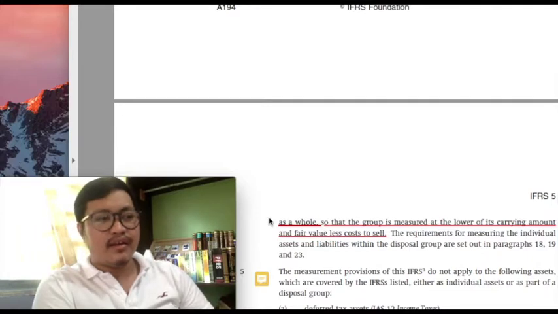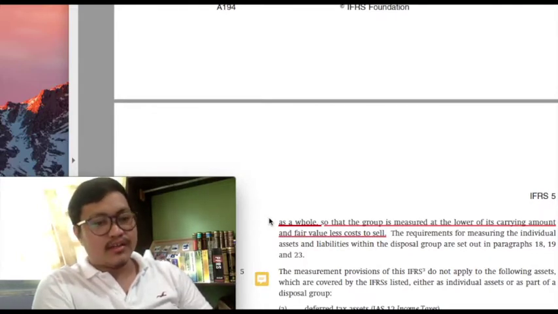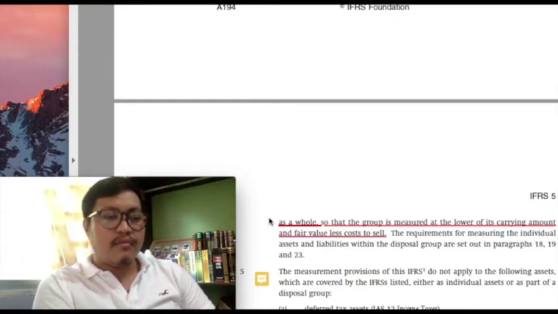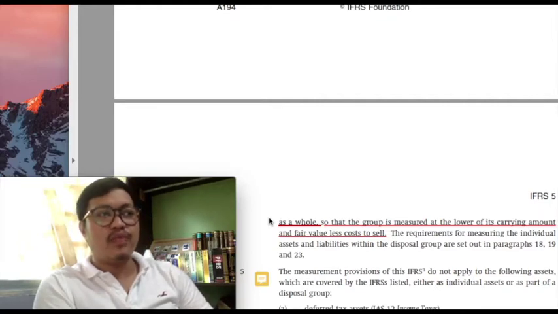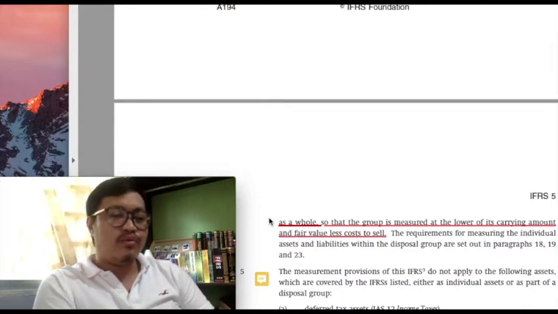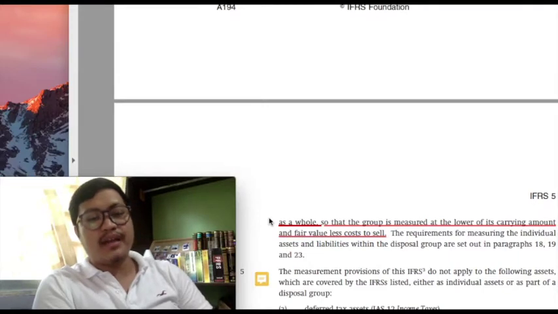We've decided to sell this building. As a result of that intention, there will now be a need to reclassify this building. When it was still used in the operations, the building would have been classified as part of our PPE. But if our intention now is to sell this building, if we intend to recover the value of the building by selling it, if we intend to benefit from the building through the proceeds of its sale and no longer from continually using the asset, then the asset should be reclassified.